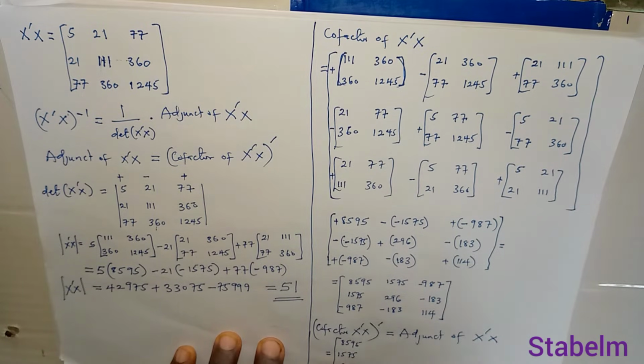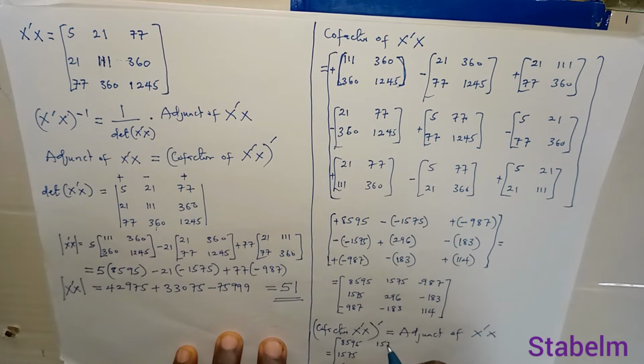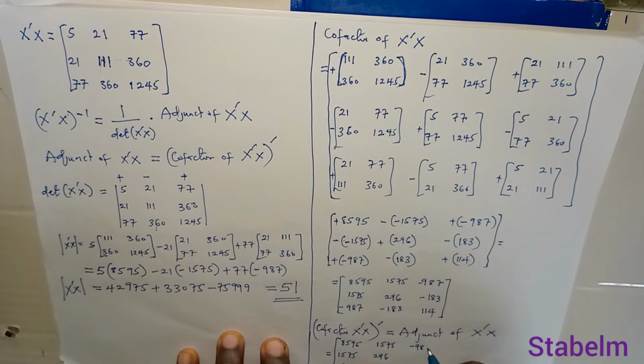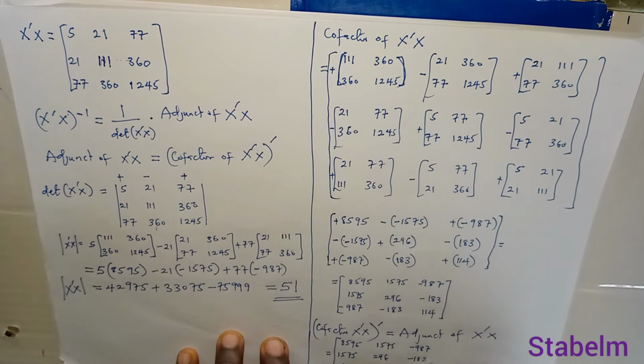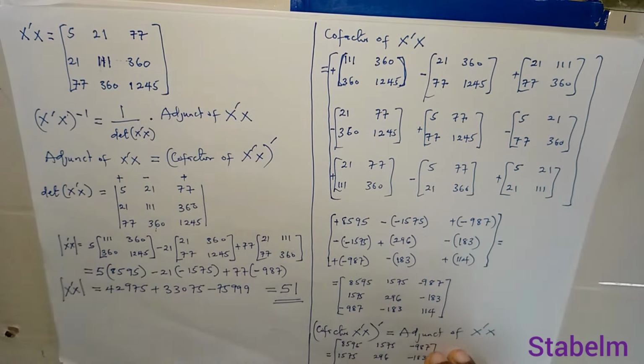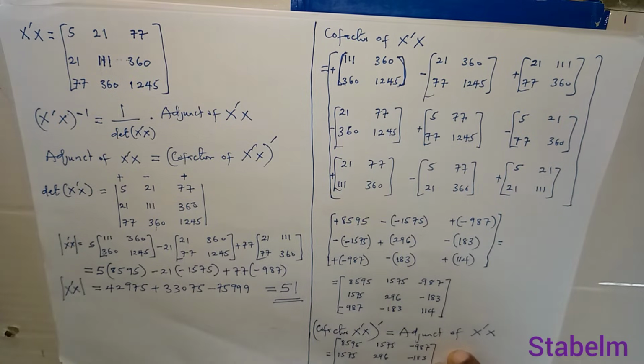Row becomes column, the row here becomes the column here, 1575, 296, you have minus 183, and at this point the row here becomes the column here, minus 987, minus 183, then we have 114.